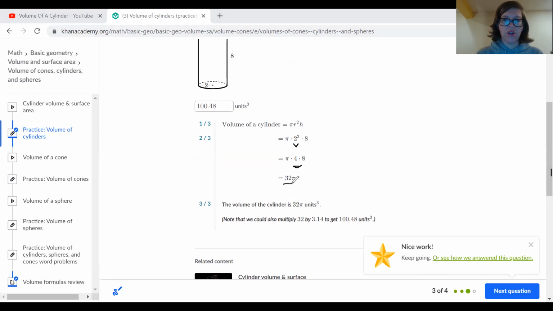We'll get 32, and then 32 times pi. So again, we want to find out what it is. So we were going to multiply 32 times 3.14, and that gives us 100.48 cubic units. Awesome. All right, next question.